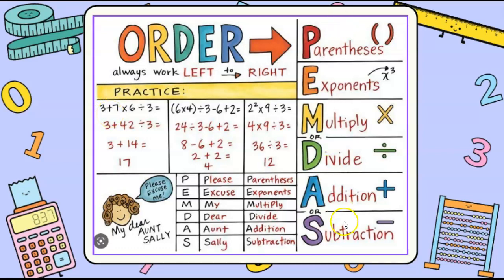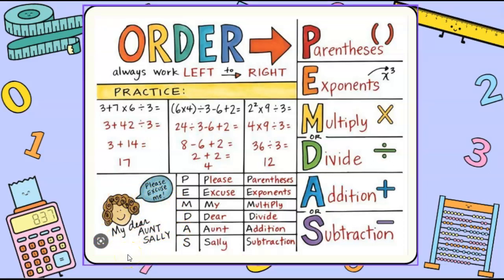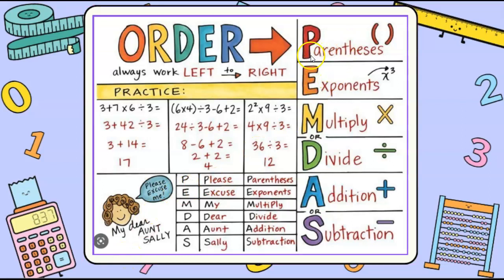When I want to remember PEMDAS, I can always use the term, "Please excuse my dear Aunt Sally." That lets me know I do parentheses first, then exponents, then multiply or divide, and then add or subtract.